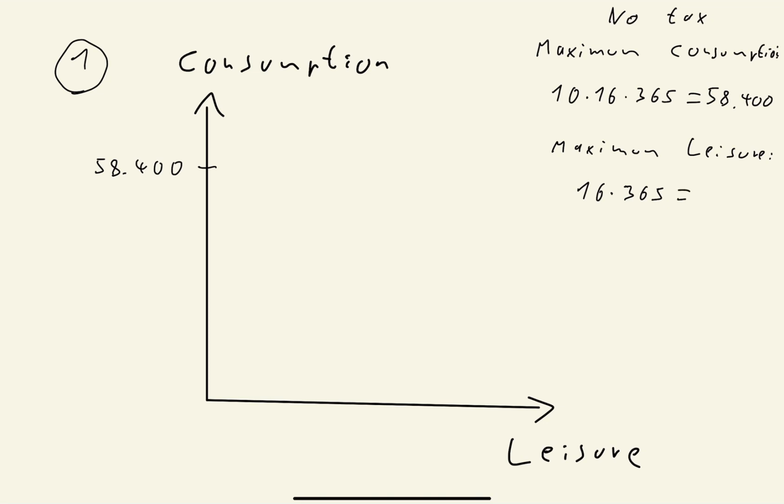This is equal to 5,840. Let's put it somewhere here. Our budget constraint will be the line connecting the two intercepts, and this is the budget constraint if we do not have taxes. I will shortcut it with BC, no taxes.